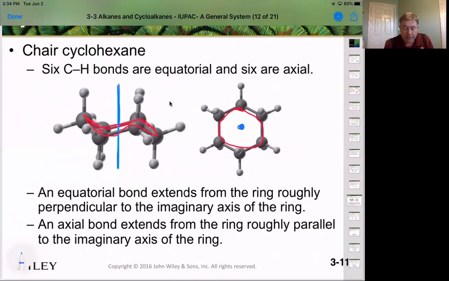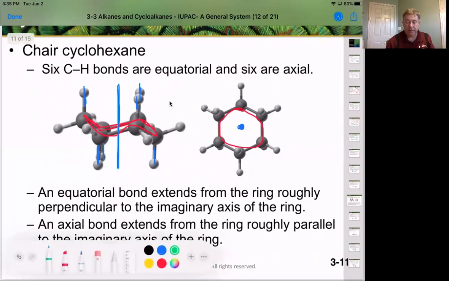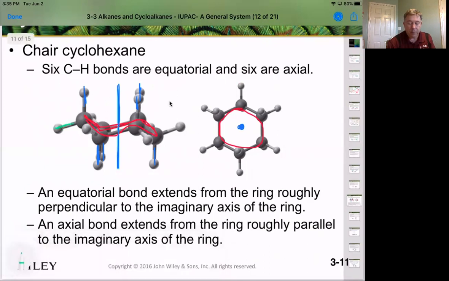If we look at that chair from the side, we have hydrogens that point up and down in line with that rotational axis, and then we have different hydrogens that are pointing out and away from that axis.